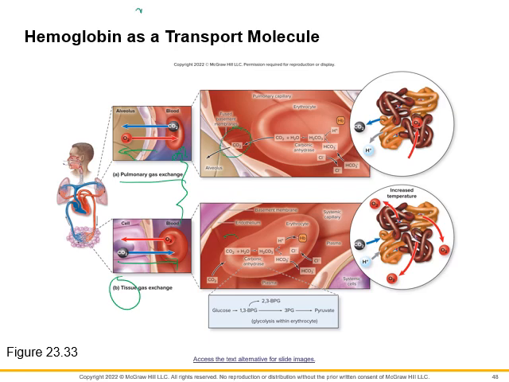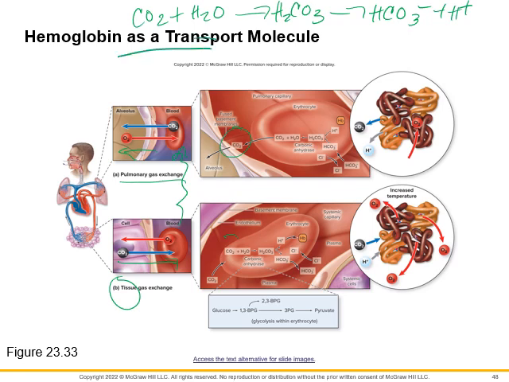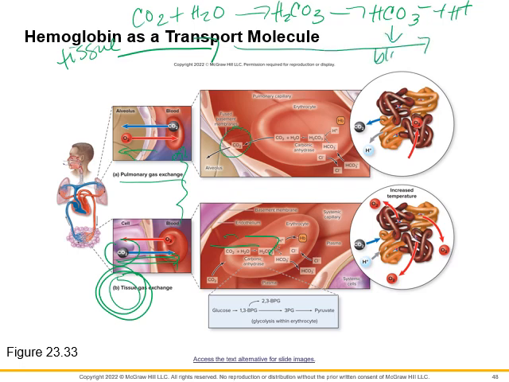So sometimes you'll see me write CO2 plus water turns into carbonic acid, which breaks down into bicarbonate and hydrogen ions. We're driving the reaction this way at the tissue. That's where the carbon dioxide is being pushed into the blood. So I'm at the tissue and I'm doing this, and this bicarbonate is traveling in the blood. This travels in the blood.